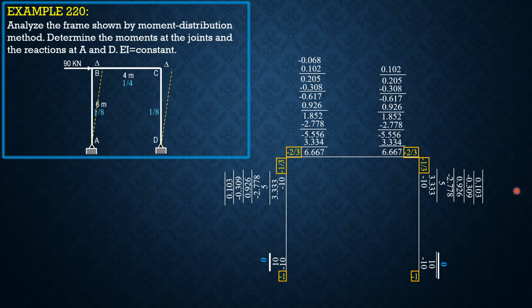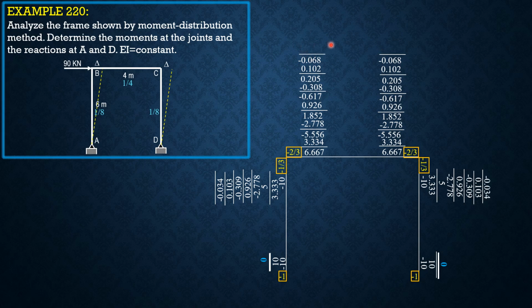So 0, 0. Half of negative 0.068, negative 0.034, negative 0.034. Negative 0.034 times negative 2/3, 0.023. Negative 0.034 times negative 1/3, 0.011. Same here, 0.023, 0.011. Then 0, 0, carry over.